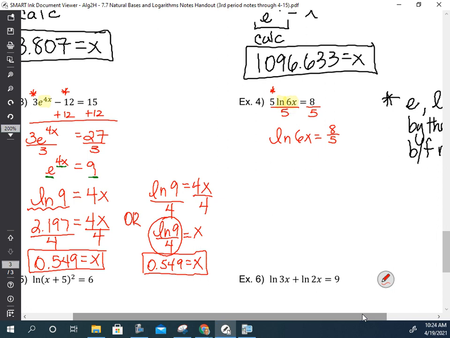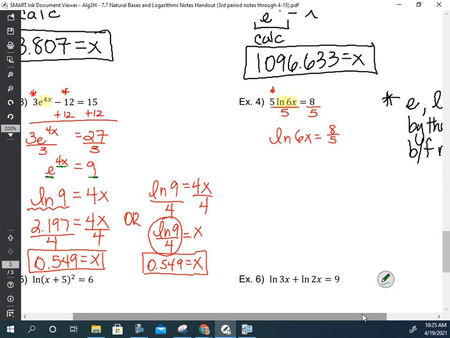Mr. Lowe, that's a decimal and that's a fraction. And so you can still solve it out. It's just a fraction. It's just a decimal. We'll live. You can still do a rewrite.